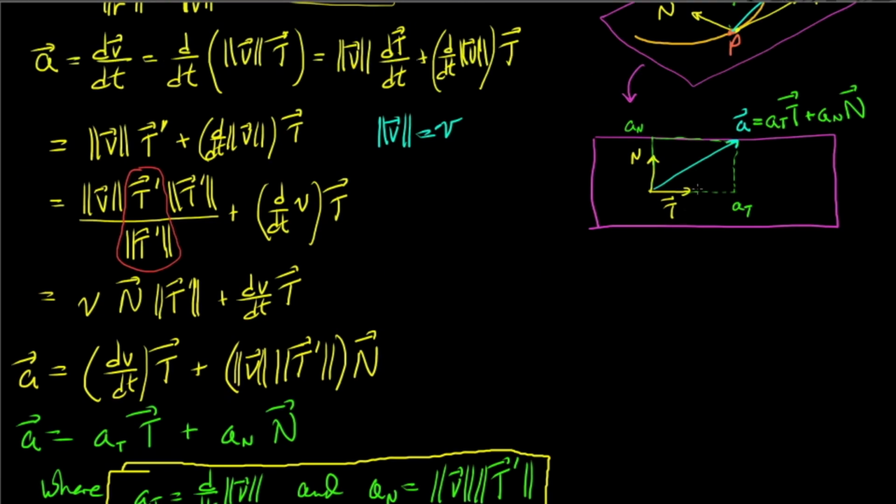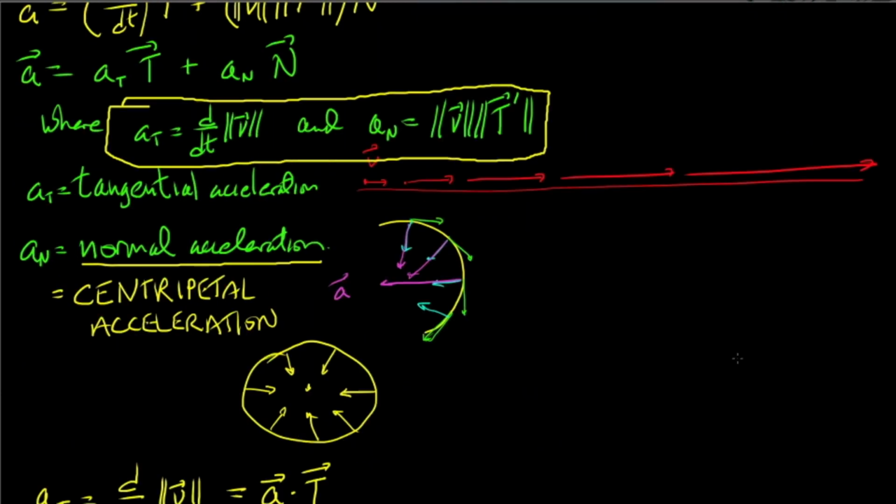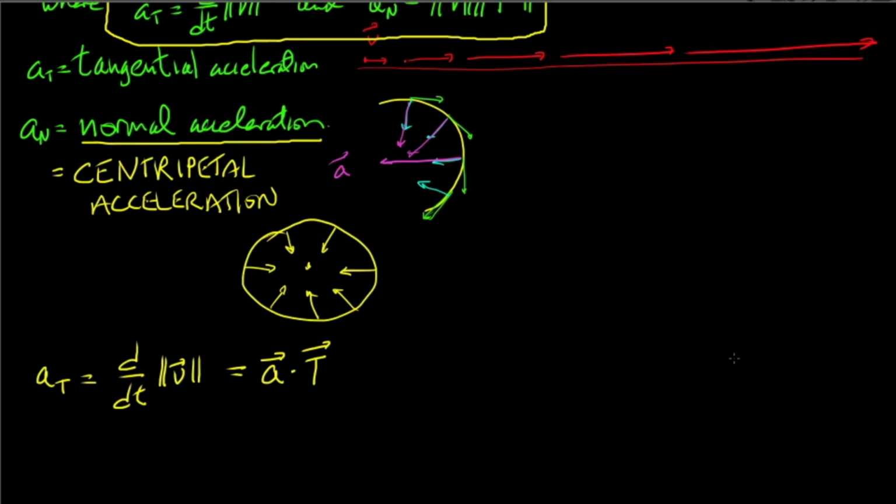that will also be the component of the acceleration in the direction of the tangential vector. So you can see that up here. If the acceleration is this way, then a dot t is this vector here. And a dot t is the magnitude of this vector. Remember, a dot t is a dot product. It's not a vector. So the magnitude of that vector is simply that tangential component, a_t.